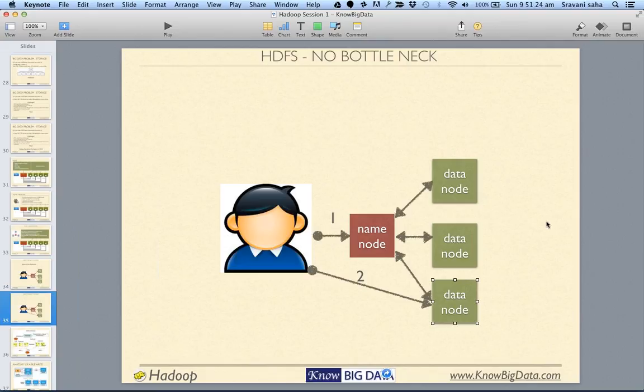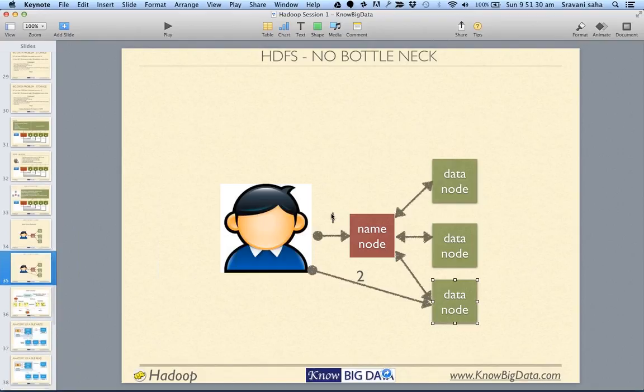It will make it impossible to perform, right? Therefore, the architecture is such that the name node only informs the user what to do. The name node does not do anything per se.